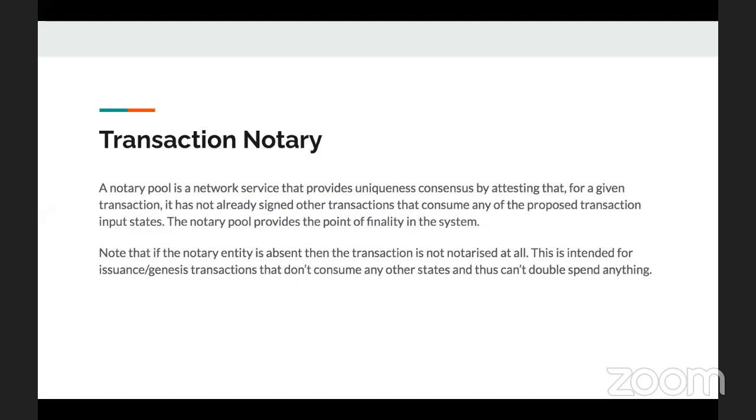We mentioned the finality flow earlier, right? So the notary pool helps us to get finality in the system. If the notary entity is absent, then the transaction is not notarized at all. This is the scenario for issuance of transactions that do not consume any other state.